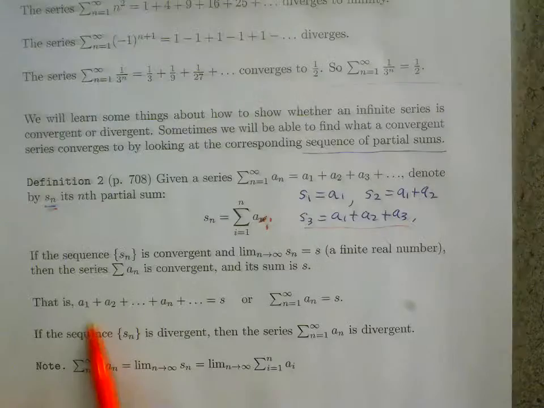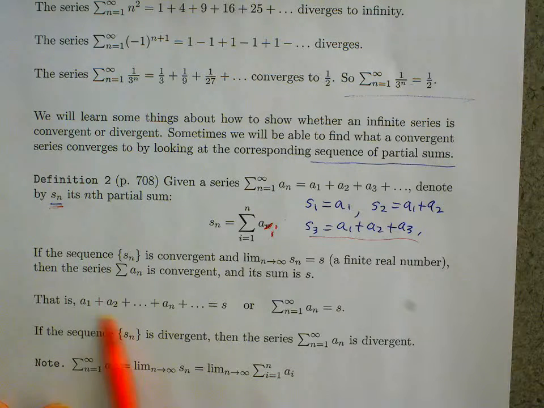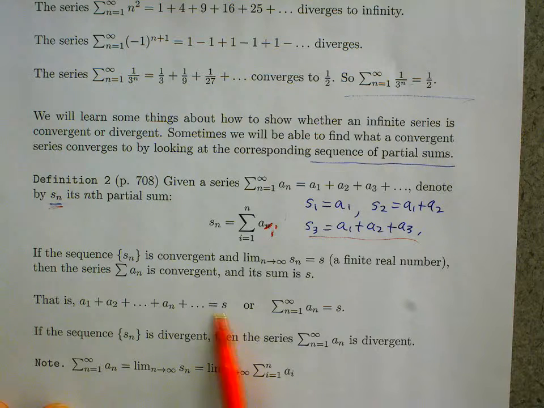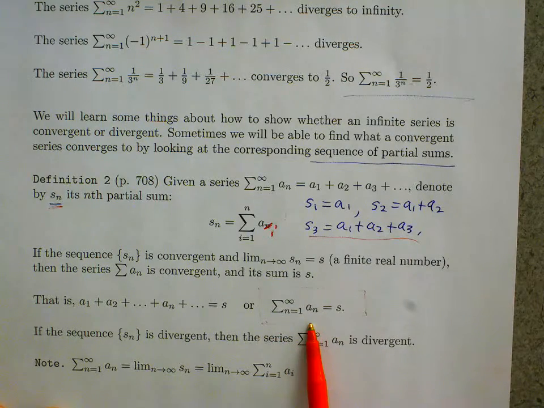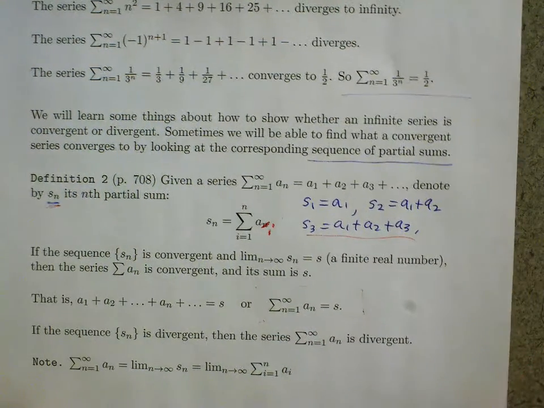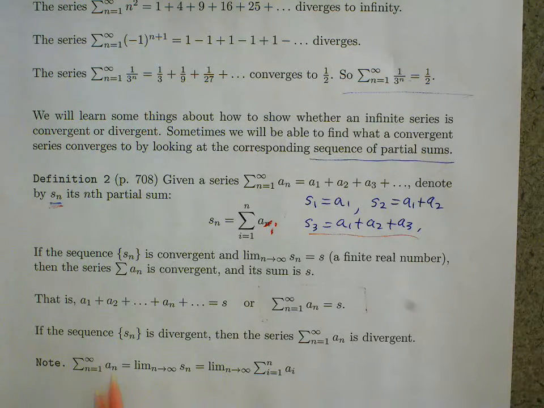Okay, so that is if we add all of the terms from the sequence a sub n and it's equal to S, we can write it using sigma notation. On the other hand, if the sequence of partial sums is divergent, then the series of a sub n terms is also divergent.